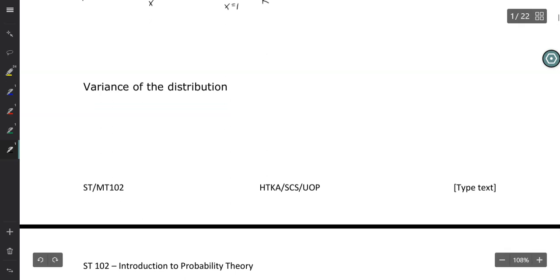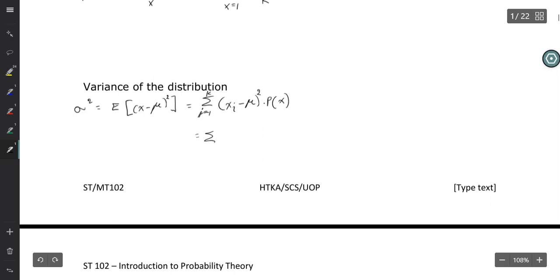The variance of uniform distribution, sigma squared. You can use the computational formula or the definition itself, which is the expected value of (x minus mu) squared. So that will be the sum, i goes from 1 to k, (xi minus mu) squared times P(x).